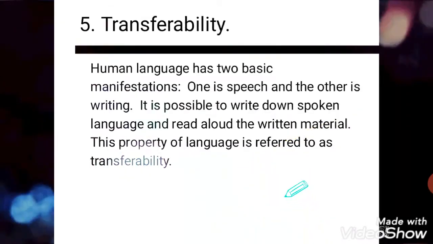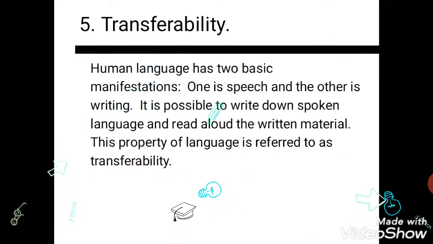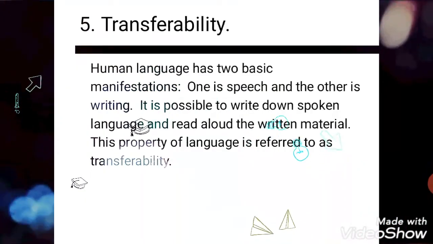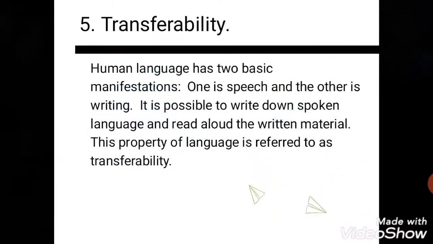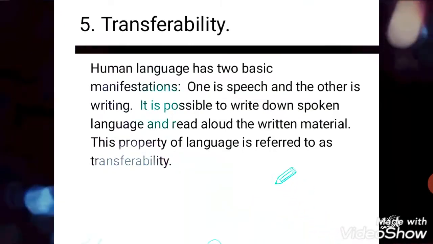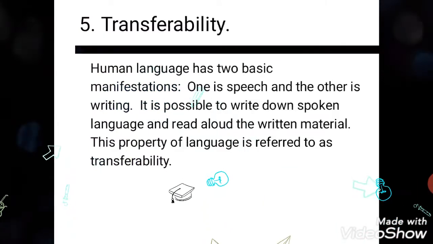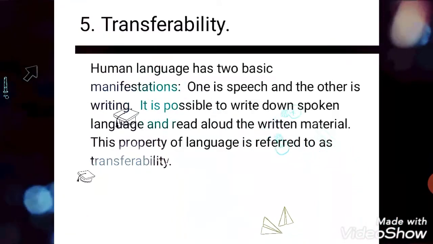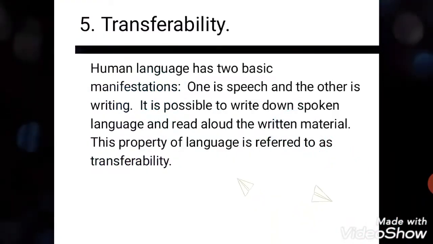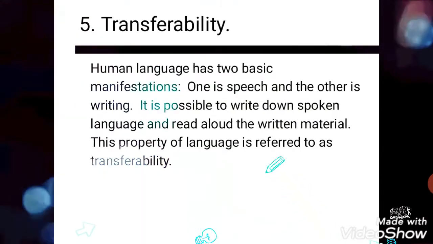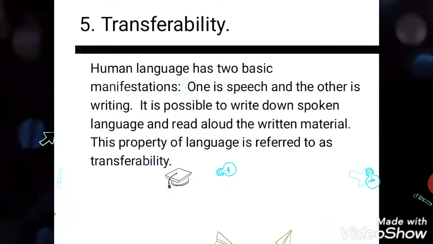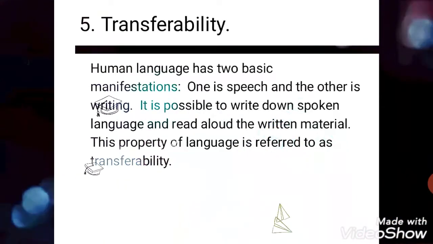Fifth one is transferability. It's a very important feature of human language. Human language has two basic manifestations. One is speech and the other is writing. It is possible to write down spoken language and read aloud the written material.